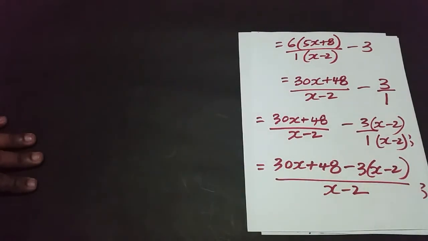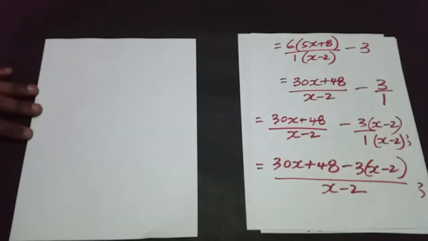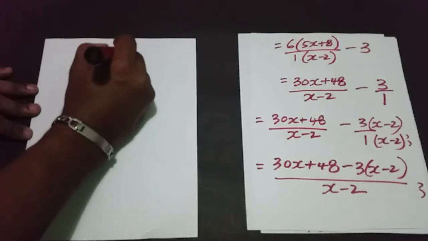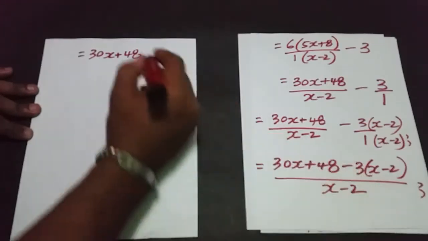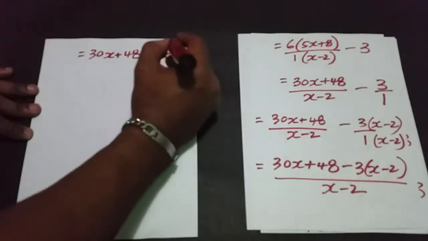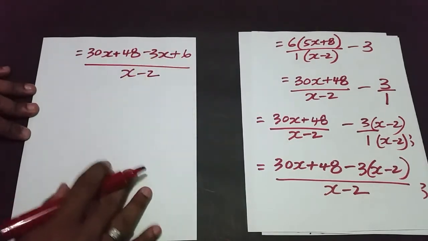Right now we have it as a single fraction. We just simply need to expand and simplify. So we're going to have 30x plus 48, and minus 3 times x is minus 3x, and minus 3 times negative 2 is positive 6, all over x minus 2.